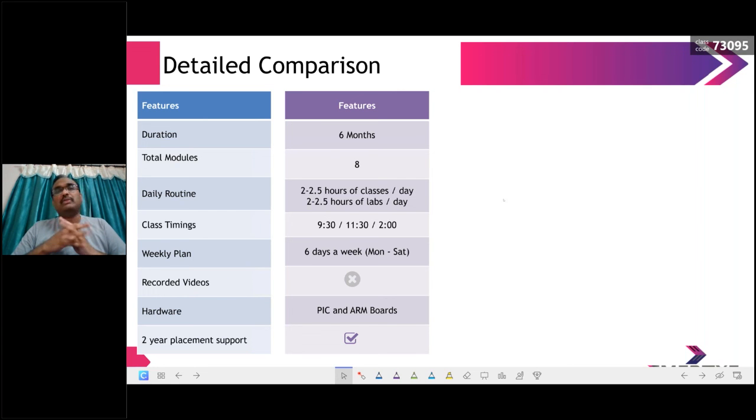So what happens in the rest of placements is that from January 2023 you will get unlimited placement support for 2 years, that is till January 2025. You will get unlimited placement opportunity for 2 years. That's what we mean by that. But you can start applying for placements before itself. Once you complete your C and C++ module, which happens around the 3rd month, after that you can start applying.